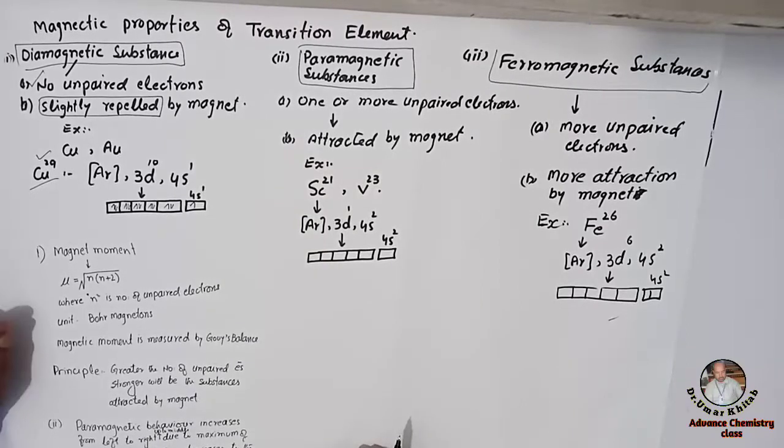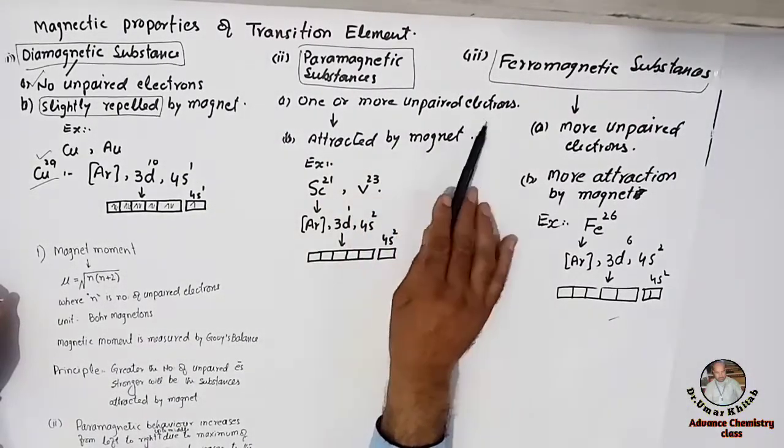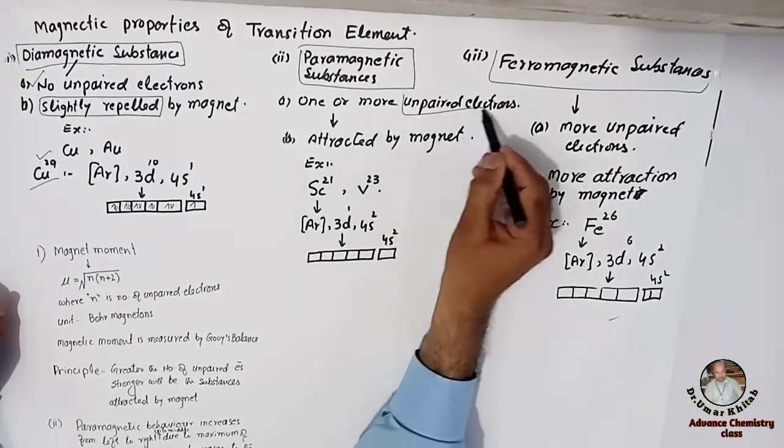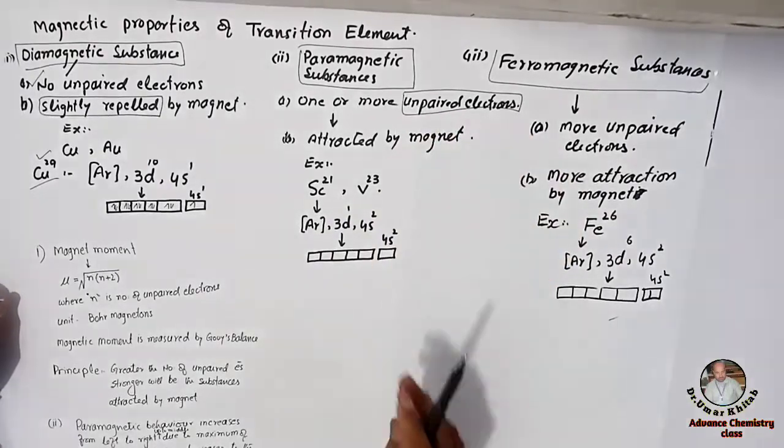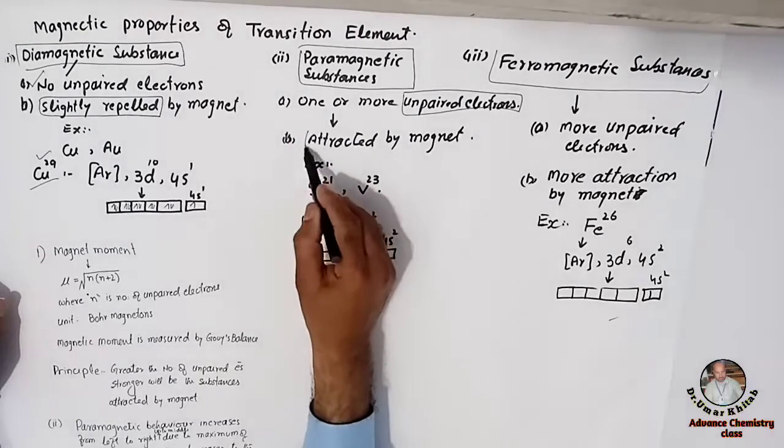So here we can see the first condition: one or more unpaired electrons should be present in d orbitals, and such substances are attracted by a magnet and magnetic field.